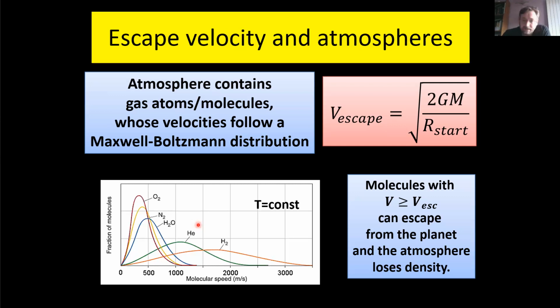So what it means is lighter particles tend to escape more easily. If you have heavier molecules, they tend more to stay in the atmosphere. Okay, so here, by the way, is water, oxygen, nitrogen; carbon dioxide would be even a bit slower.